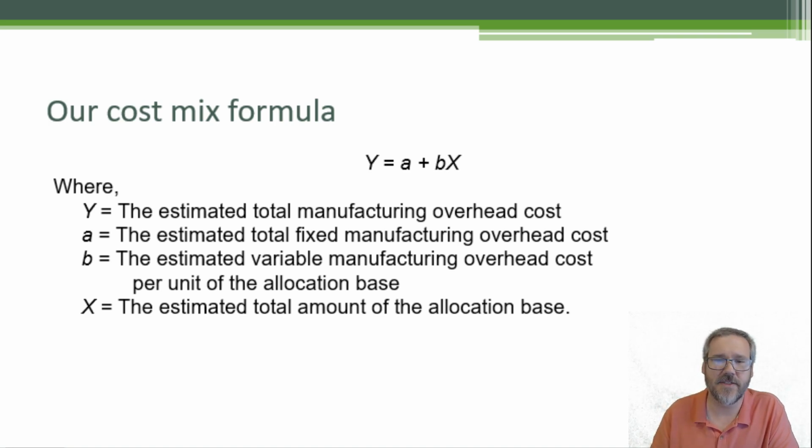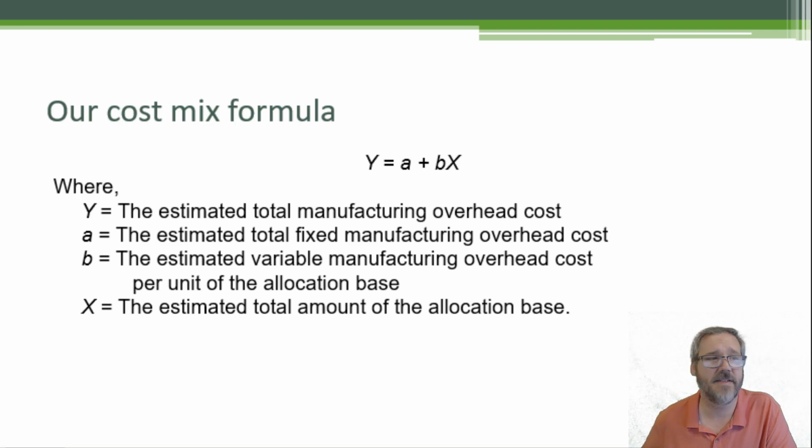So kind of my point here is my total estimated manufacturing overhead costs, Y, equals a fixed portion, which we could say is rent or something like that, plus my predetermined overhead rate, B, times the estimated level of allocation base of the activity. That is to say, again, the hours of the people that will be working. So basically what I'm saying here is my cost mix formula, the same thing that we saw before, can help me determine my total manufacturing overhead costs.